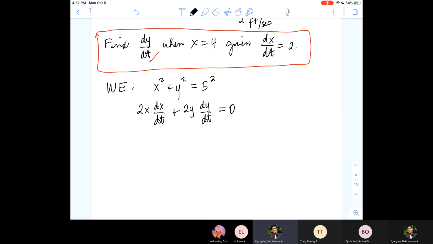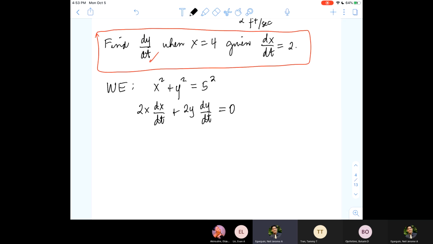Last week, you only had 2 variables, right? You only had y and x. So you were not expected to use the chain rule on both of the variables because we were assuming that one of the variables depends on the other one. But in this particular working equation, or even in the previous problems that we have considered, we have more than 2 variables involved.